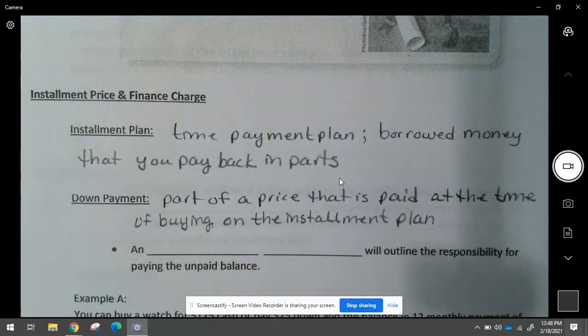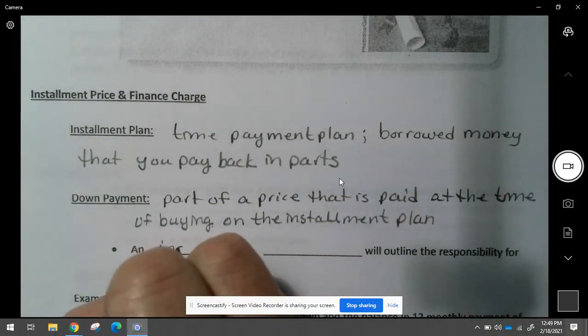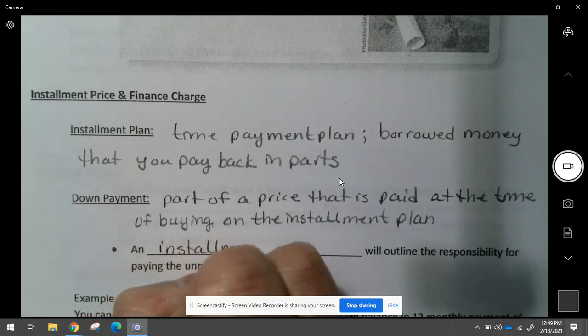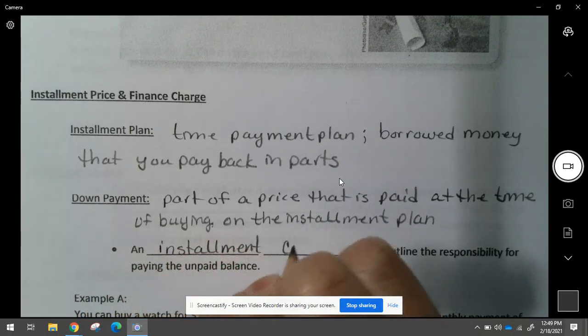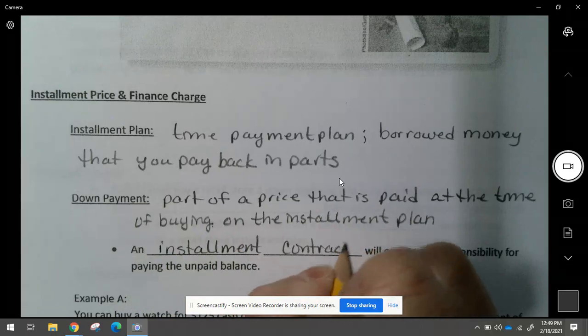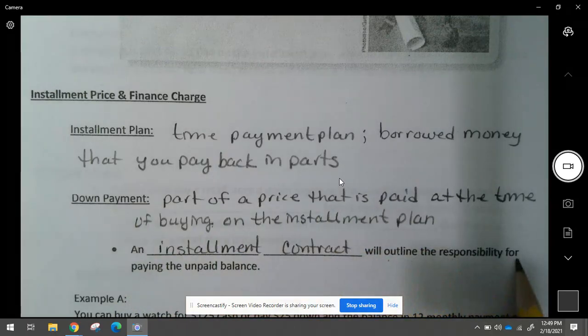Okay, so it's your initial payment that you're going to make. An installment contract, that's what goes on these lines, will outline the responsibility for paying the unpaid balance. Okay.